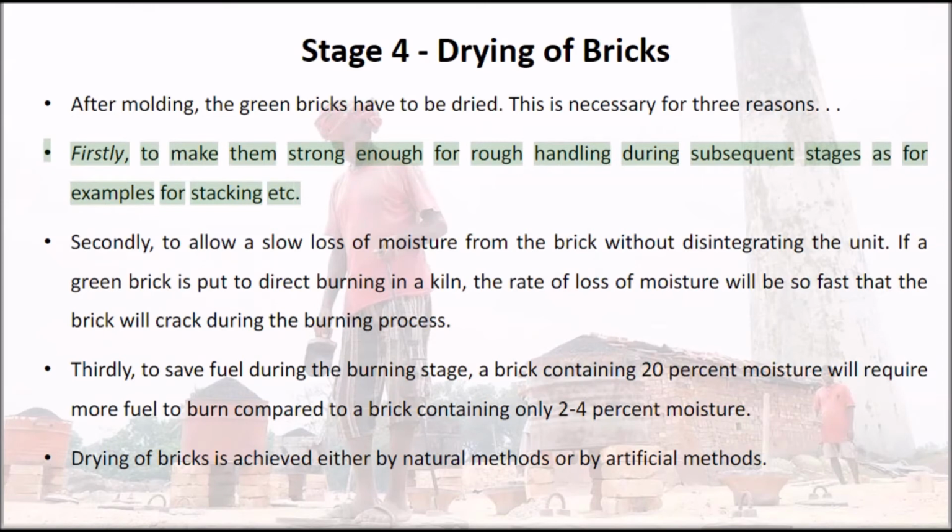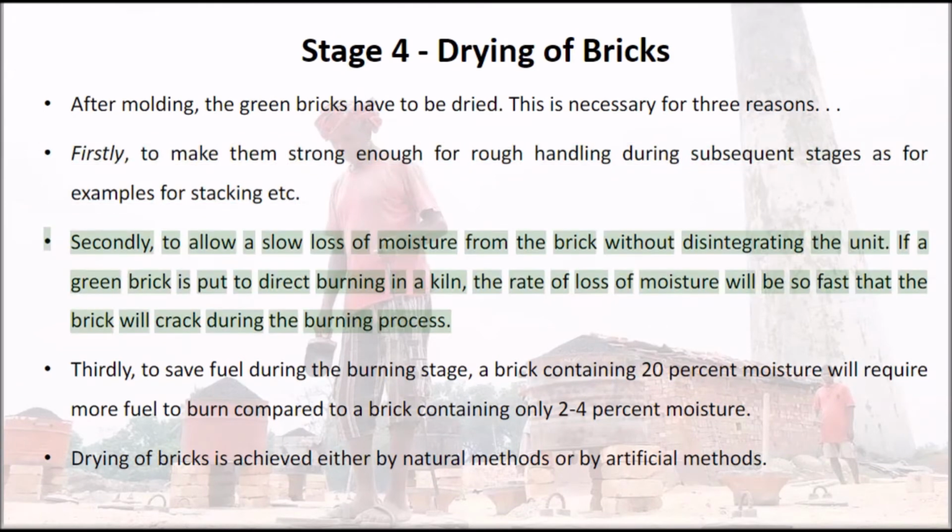If a green brick is put to direct burning in a kiln, the rate of loss of moisture will be so fast that the brick will crack during the burning process. Thirdly, to save fuel during the burning stage. A brick containing 20% moisture will require more fuel to burn compared to a brick containing only 2 to 4% moisture.